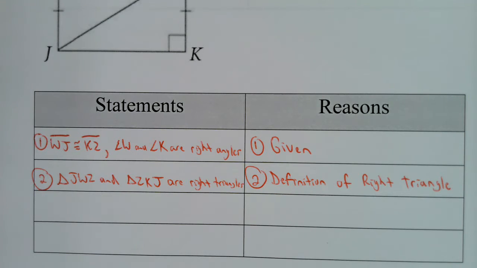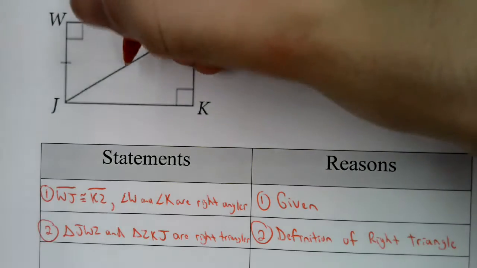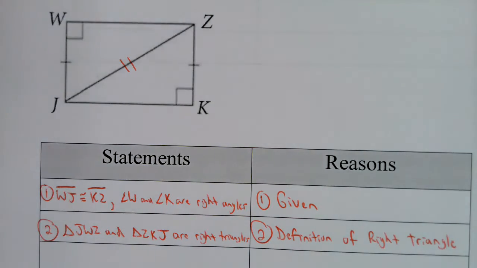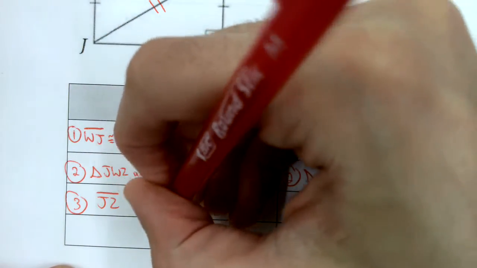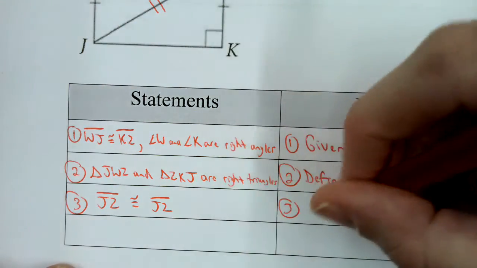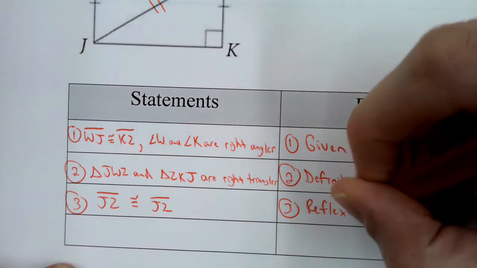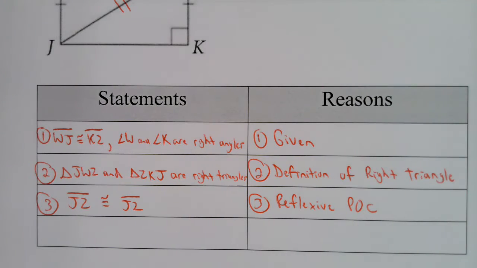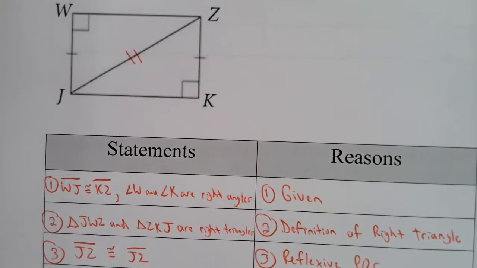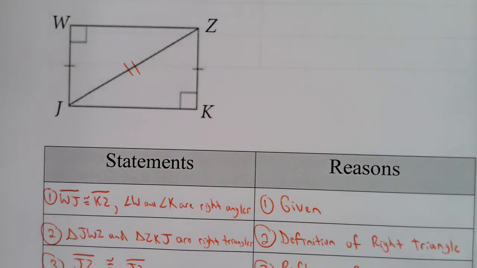But now I'm going to use the reflexive property and say that JZ is congruent to JZ. And now I have hypotenuse leg.